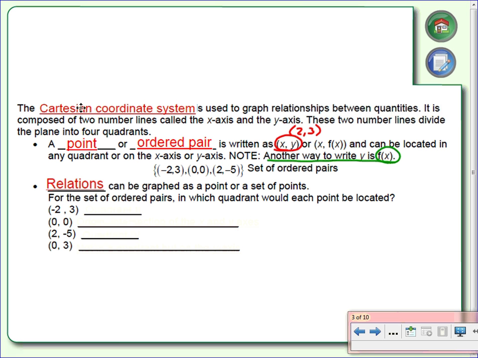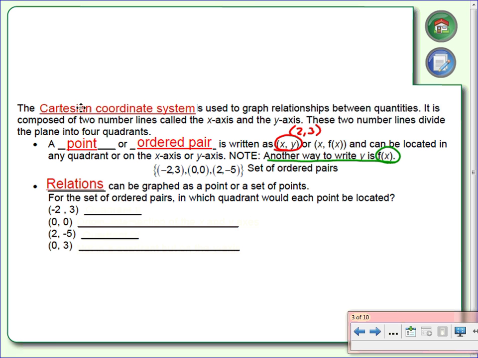So at the end of class, one of the questions I'm going to ask you guys is, what's a relation? And basically what I want you to remember is, a relation is a set of points. Or we can also say that it's a set of ordered pairs, because points and ordered pairs mean the same thing. So at the end of class, when I ask you what's a relation, you're going to say a set of ordered pairs.